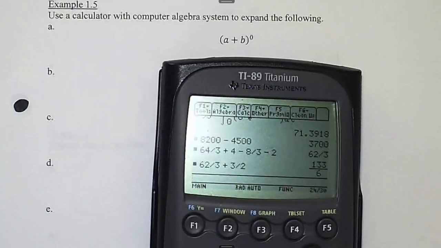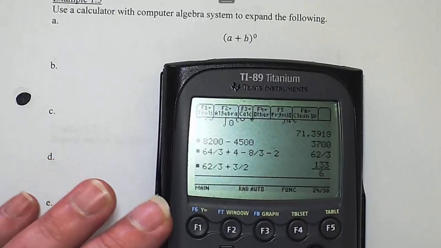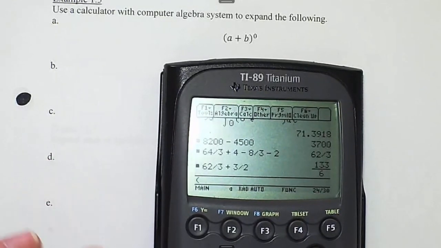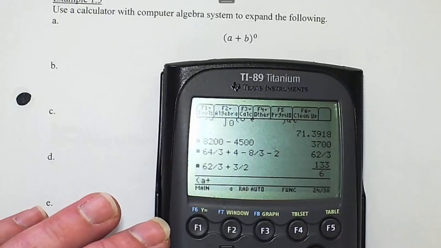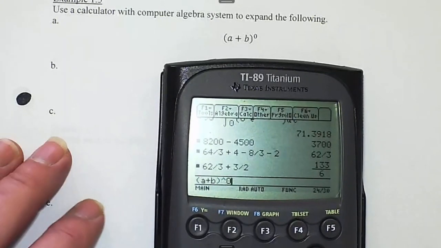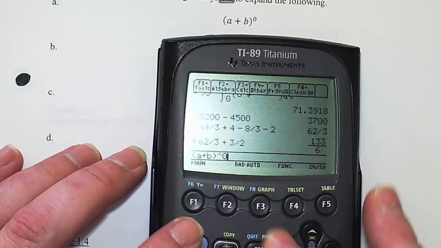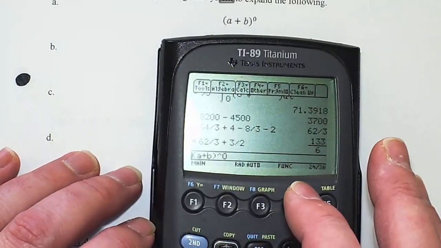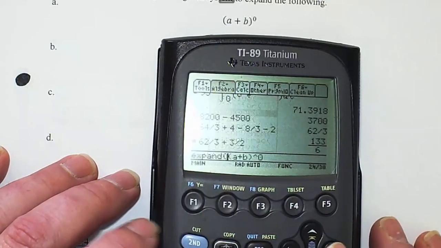We'll just use this calculator. So here we go. We're going to say alpha A plus alpha B, and I'm going to raise it to the 0 power. And on this calculator, you have to say expand. So I'd say algebra 2, that's F2, expand.